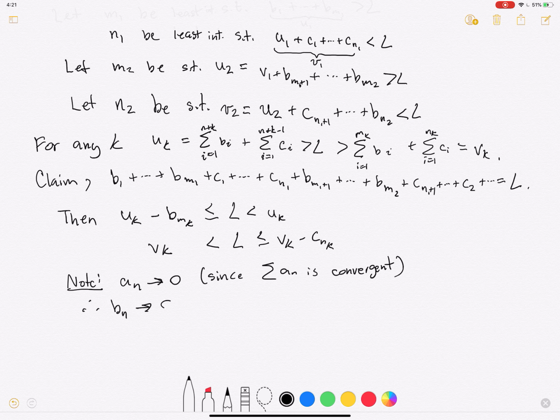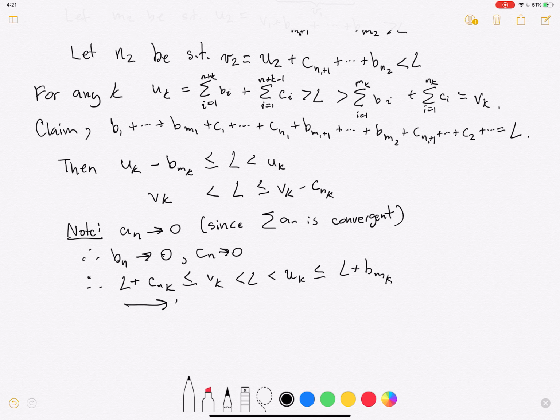Then L plus C_Nk is less than or equal to V_k, less than L, less than U_k, less than or equal to L plus B_Mk.